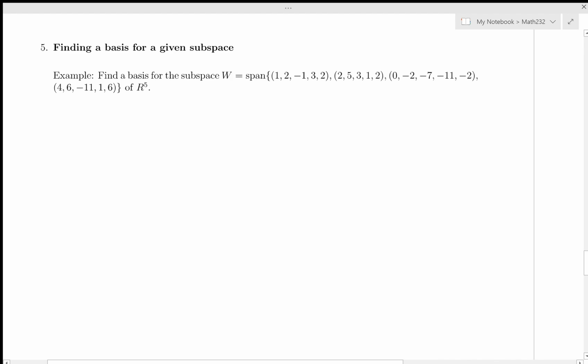So the maximum possible dimension for W is 4, because there are 4 vectors. I'm not sure if I said 5 or not. If I did, that was a mistake. The maximum possible dimension for W is 4, but it could be less if the vectors are not linearly independent. And I sure can't tell by looking at these vectors whether they're linearly independent or not.